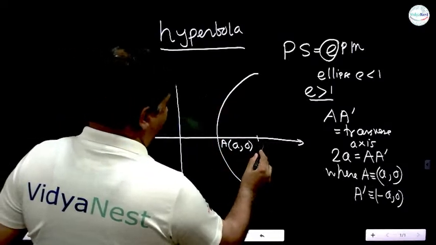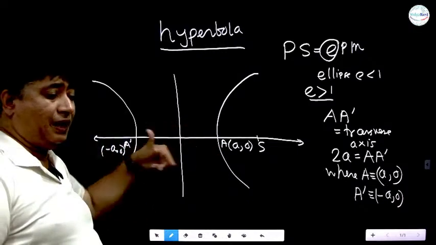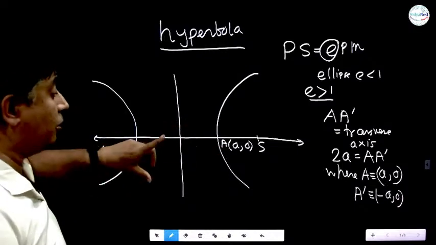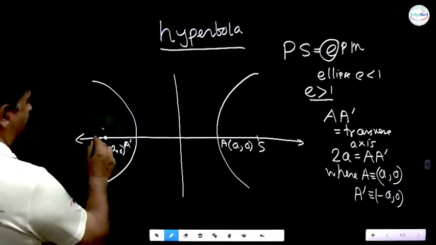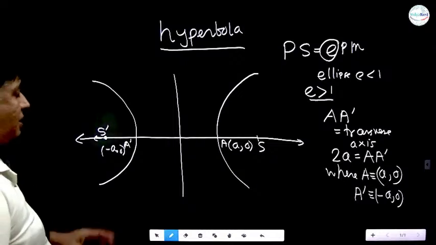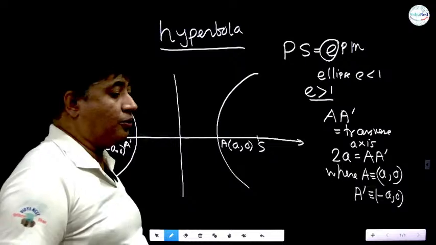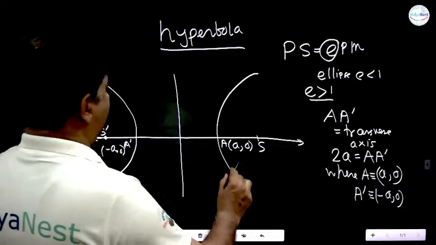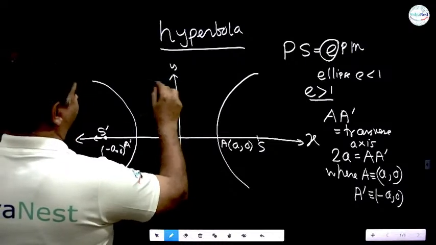So this is a focus. Since there is a pair of curves, there will be two foci, like the ellipse. There will be another focus; in plural, it is called foci. This is the x-axis and this is the y-axis.